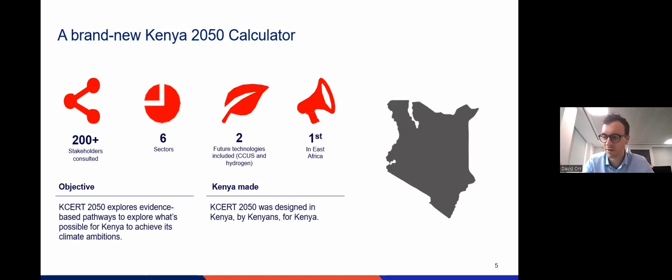And I think that's just the future of where we're looking at decarbonization. It has to be locally led, but with very much a global focus as well. So it's been a real privilege to be part of this program, and excited to share more lessons as we go through. And just before we do, I'd like to hand over to Dr. Onesmus Mbonje for a couple of words as well. Thank you.